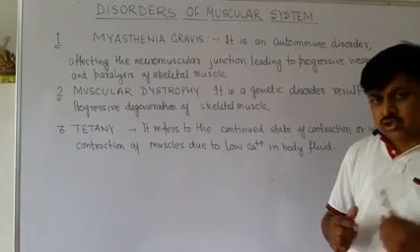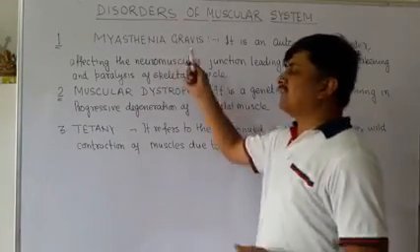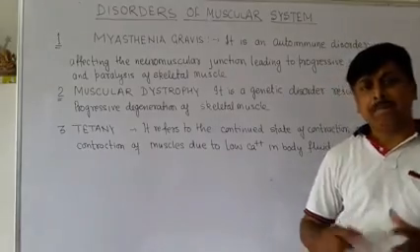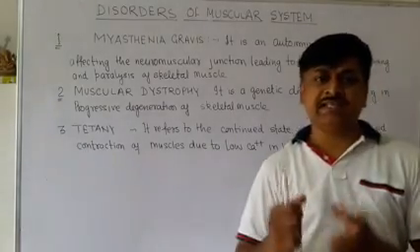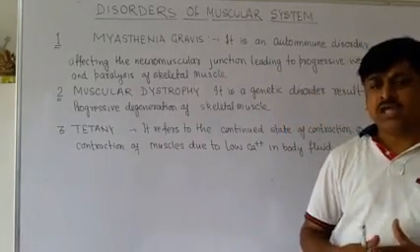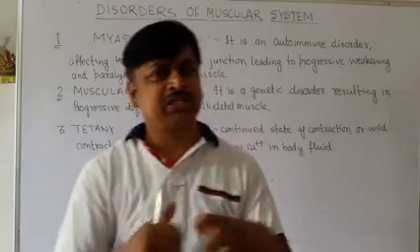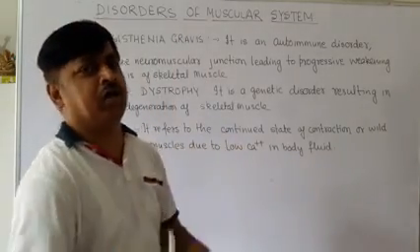So the first disorder related to the muscle is myasthenia gravis. Myasthenia gravis is an autoimmune disorder, my dear students. It is due to disturbances in the metabolic activity inside the body.